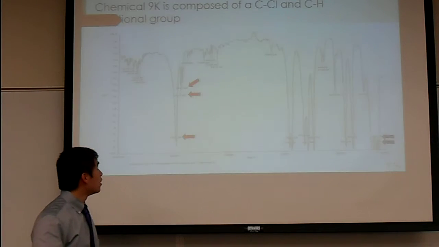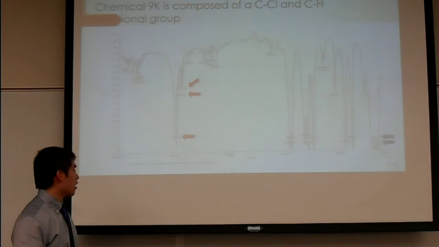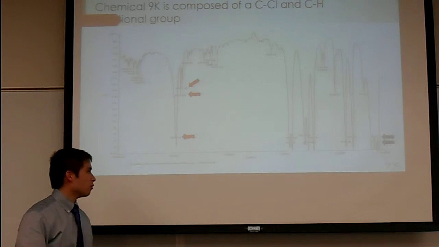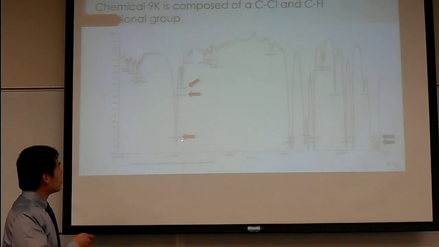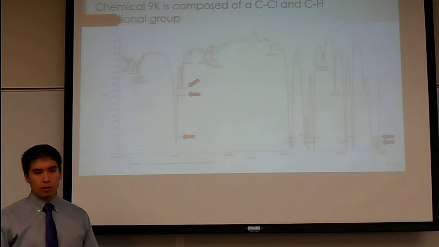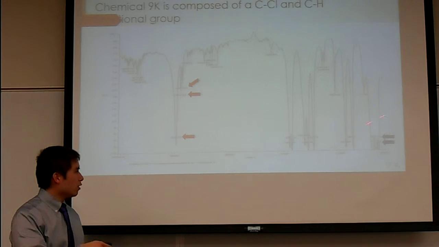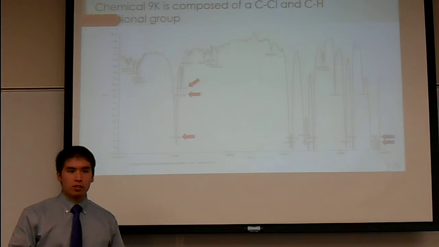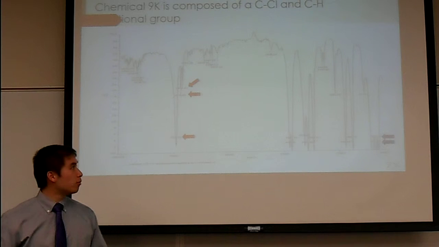kinds there are. So here on the IR chart, there are two different functional groups. These three red arrows represent a carbon singly bonded to a hydrogen atom, and over here, there's a carbon singly bonded to a chlorine atom.